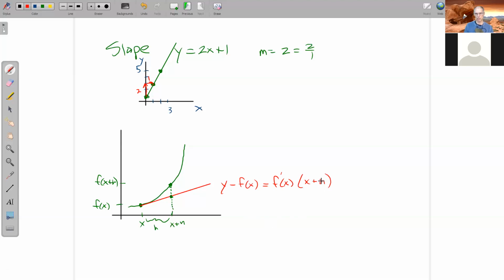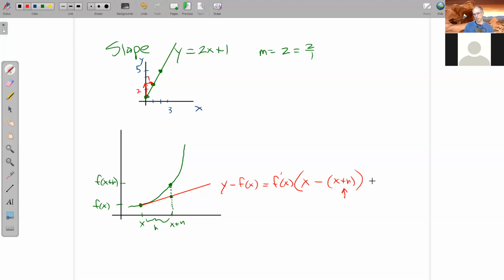So here's my change in x there, here's my change in y there. Right, actually, it's x minus the x value. So x1, x2, like this is y1, and that's y2 there.